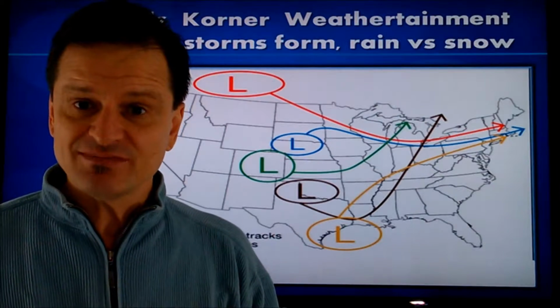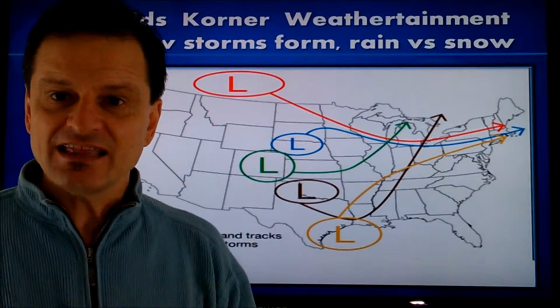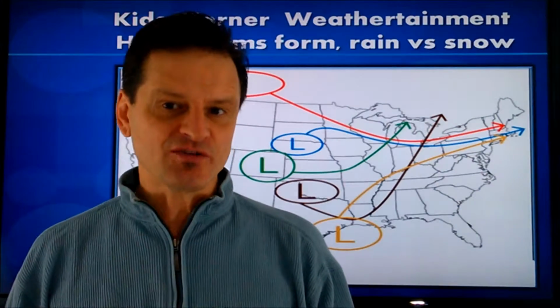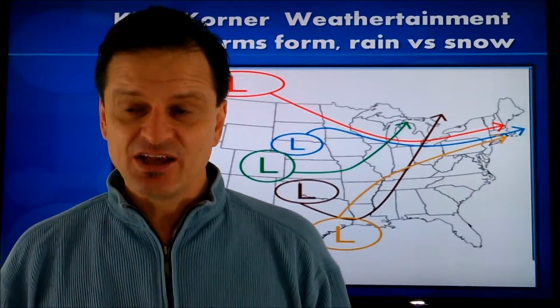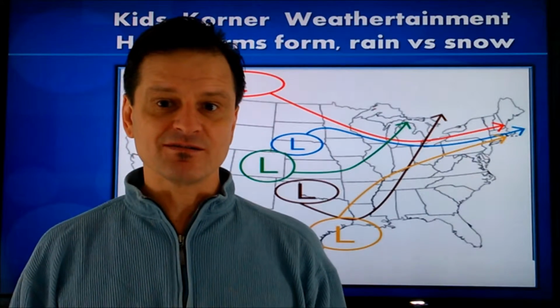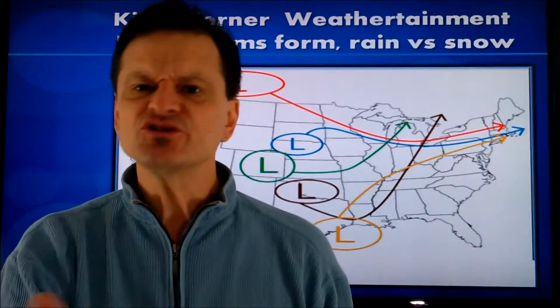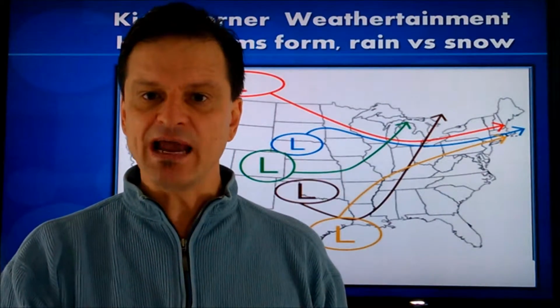Second thing to note is that over time, it becomes obvious that storms take certain paths. Think of it like this. You wouldn't look for a car in a cornfield. You wouldn't look for a car to be passing you by on the ocean. Where would you look for a car to pass you by? On a street or a highway.